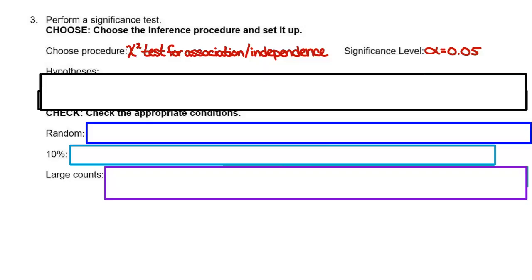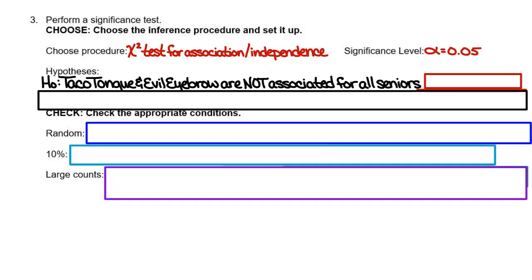For our null hypothesis, do you think that we should assume that there is a relationship or that there's not a relationship? We assume that there's not. We assume that these are unrelated things. So in our H0, we're going to assume that taco tongue and evil eyebrow are not associated for all seniors. They are independent.